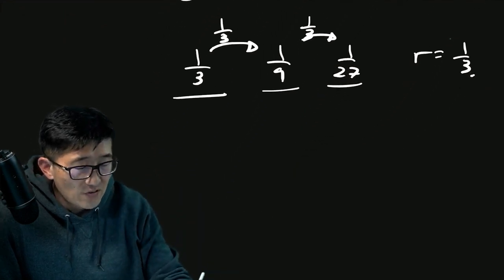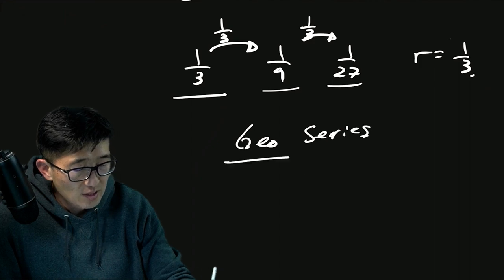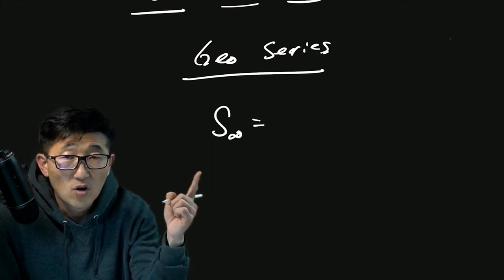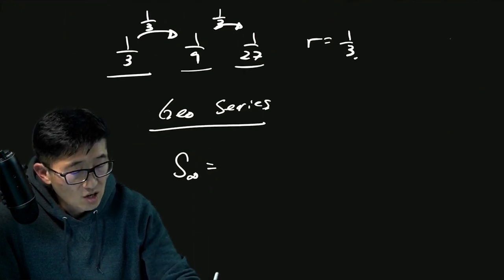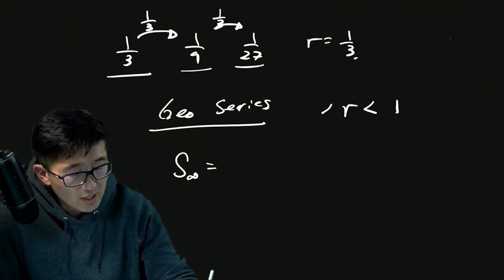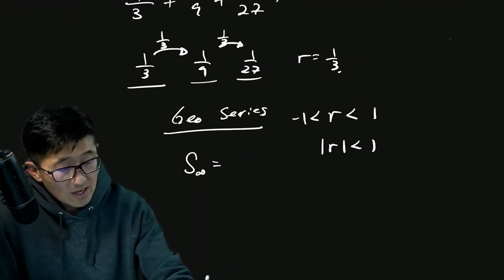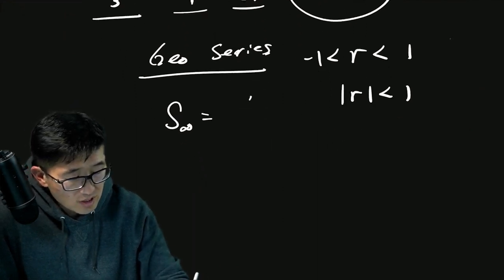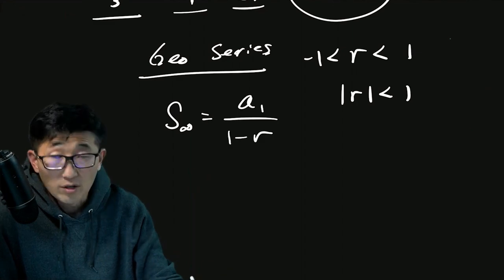Well, it turns out that if it's a geometric series, it's easy to add it up. You just use this formula, the sum of all infinite numbers if it's a geometric sequence. Now there's a condition: r must be between 1 and -1, or the absolute value of r must be less than 1. And we have that. r is 1/3. So it's the first term, a1, divided by 1 minus r, and that's it.